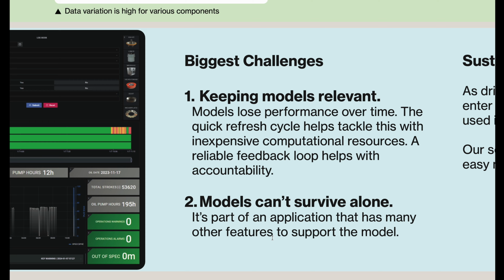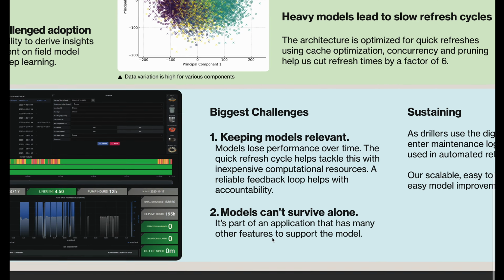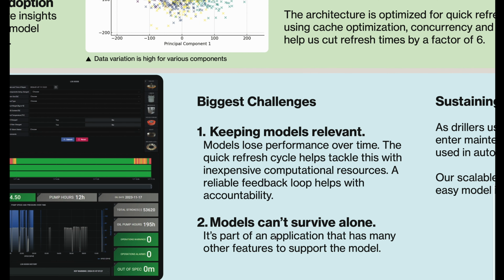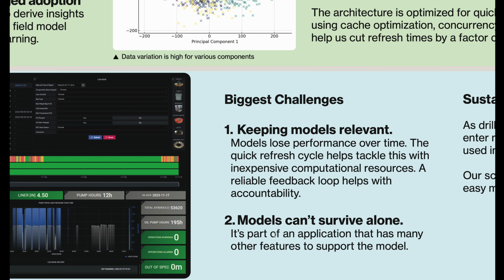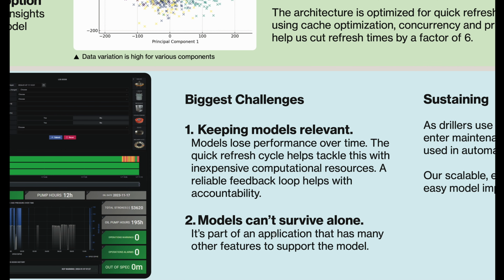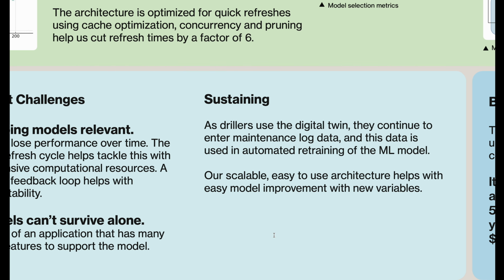The model alone doesn't really bring out your maximum possible value for the customer. What you do need is a system around that which allows you to observe why and what is happening, how things are working.